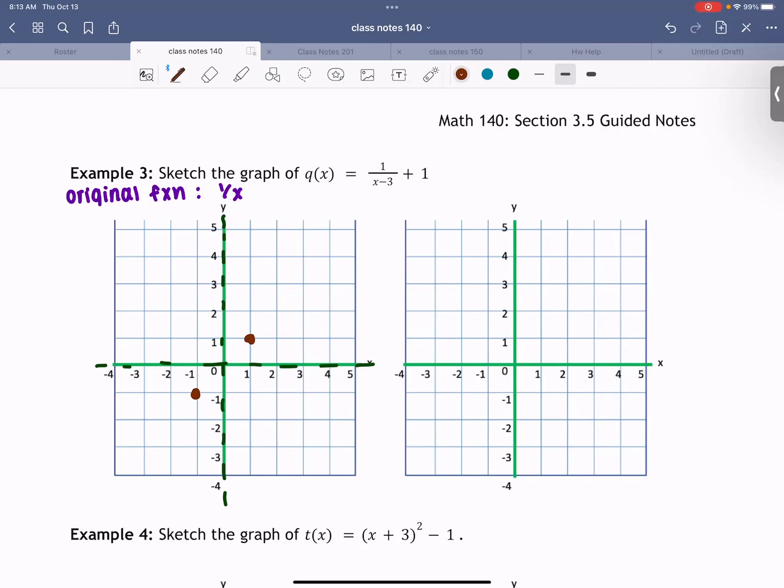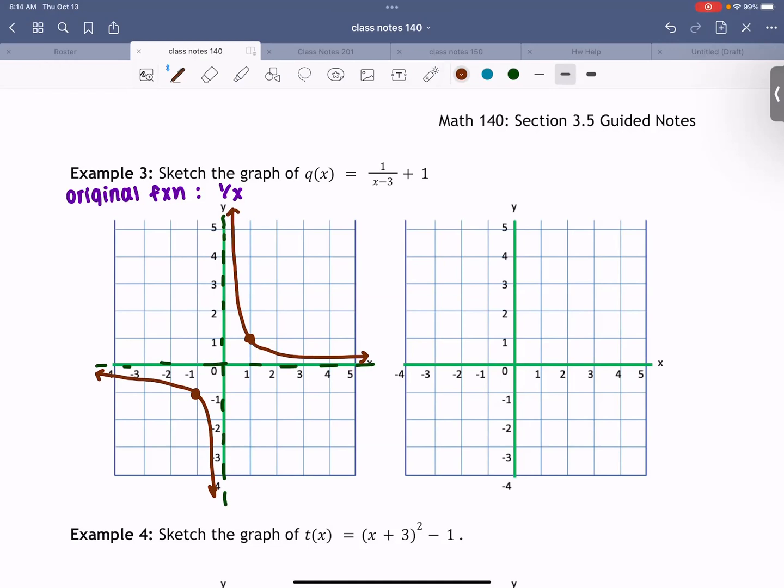And the 1 over x function was pretty cool because once we drew those points, it's pretty obvious what the function looks like because the graph never touches the asymptote and it gets really, really close to it. Okay, so this graph looks like this. Okay, so that's my original function.